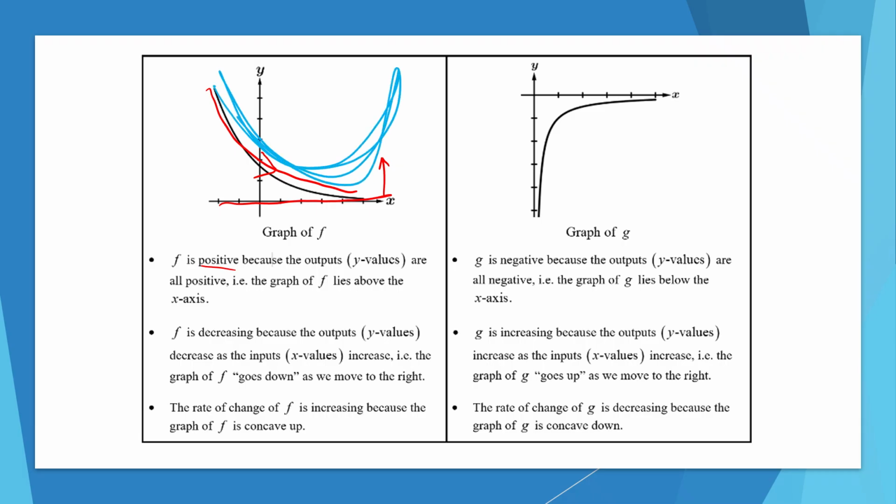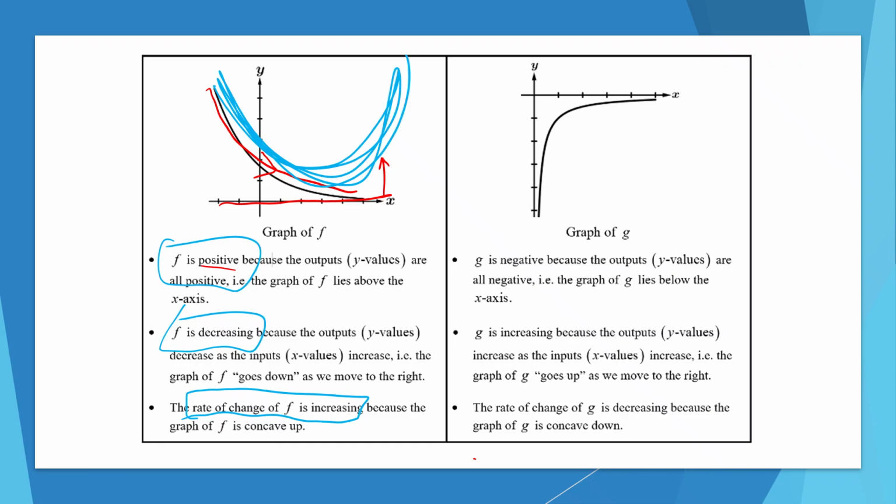This should be part of a concave up graph, which means the rate of change is increasing. So it's important to distinguish whether we're talking about f or whether we're talking about the rate of change of f. This is going to be the hardest part about this lesson, and this is why we do it first, because it is pretty difficult to just distinguish, are you talking about f or the rate of change of f?